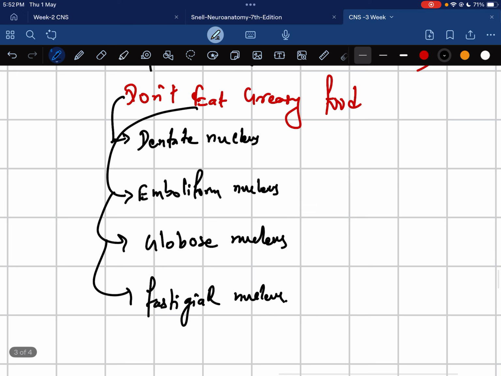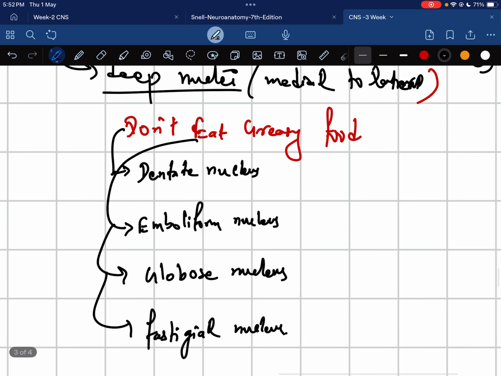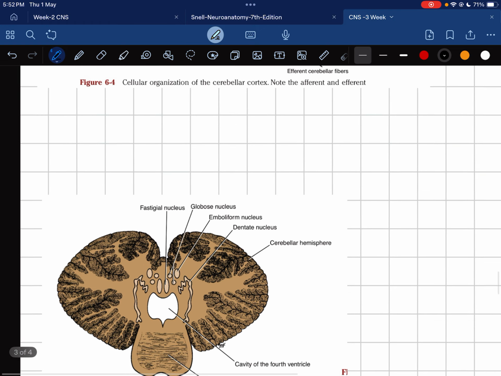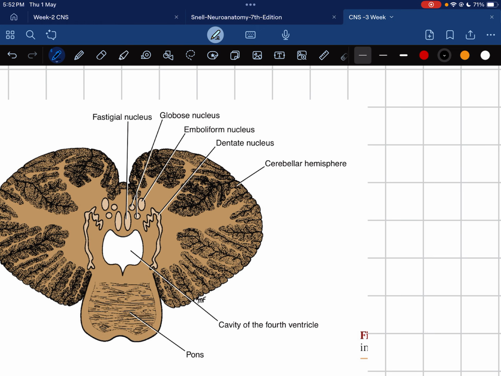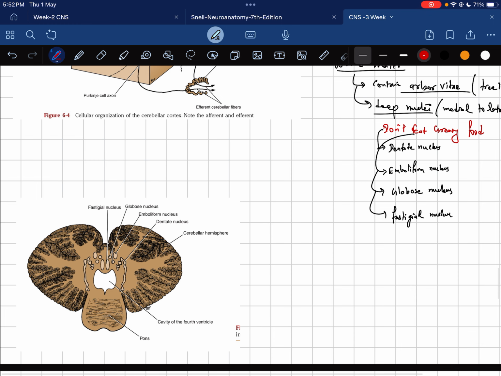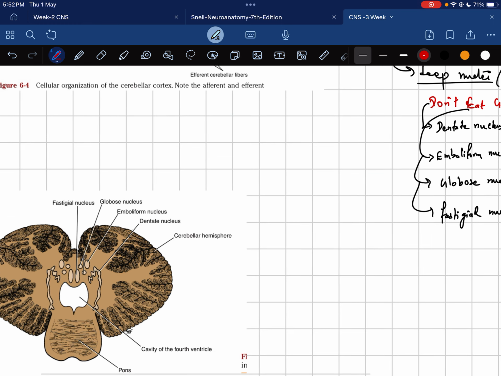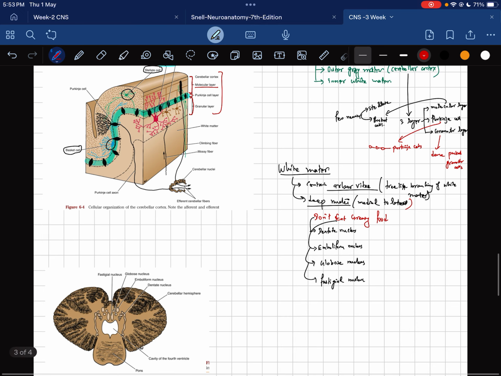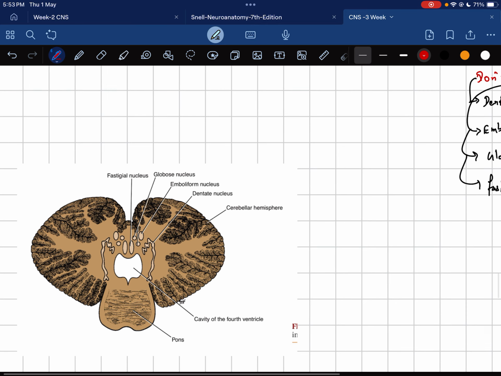These nuclei are present in the deep white matter. We can look at this image, medial to lateral. There is the dentate nucleus, then the emboliform nucleus, then the globose nucleus, then the fastigial nucleus. These nuclei are present deep in the white matter, and this is a transverse section.